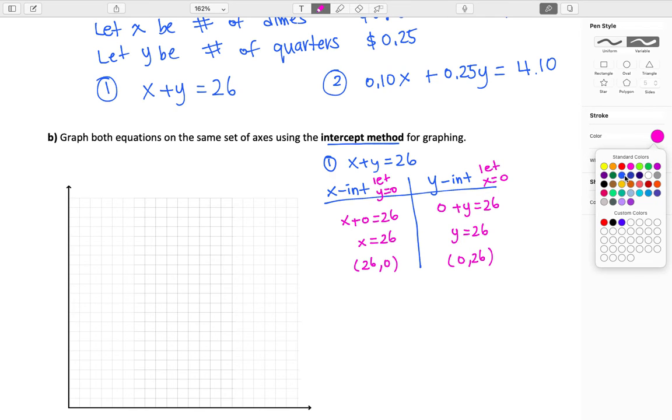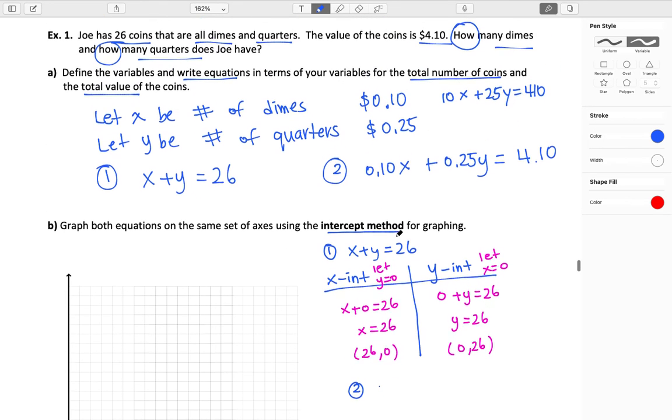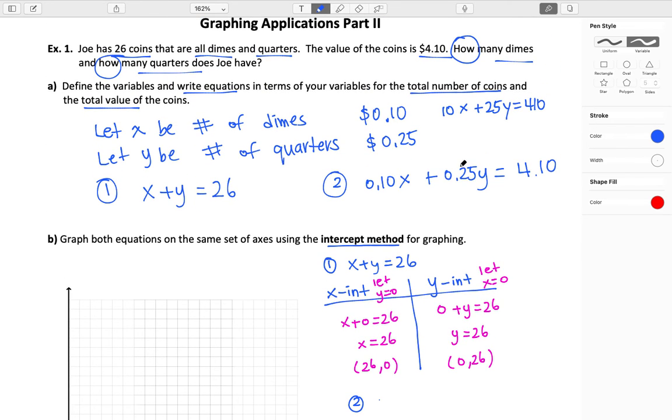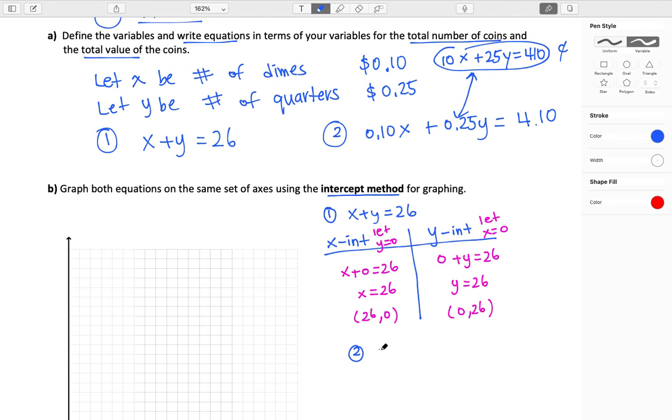Now what about the second equation? We could definitely do this equation or this equation, it doesn't matter. We could go with 10x plus 25y, based on the cents. Either way, you will get the same answer.